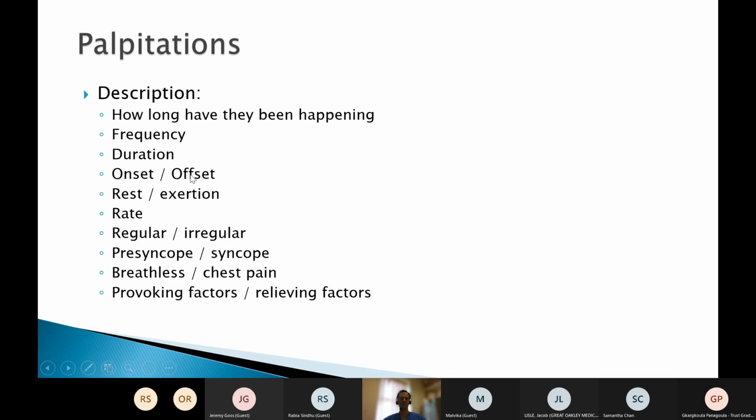The onset and offset is very useful with tachycardias or with longer episodes of palpitations, as opposed to the single sort of jumpy beats. If a patient complains of fast palpitations which come on suddenly, that is just a fairly typical thing, no matter the cause of the palpitations.